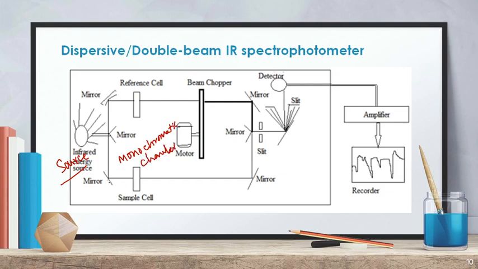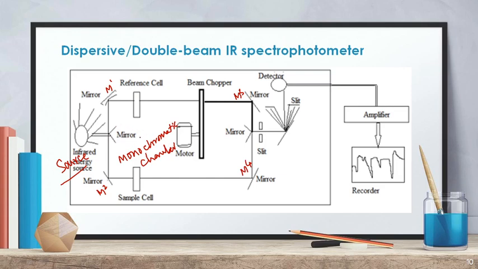In the monochromatic chamber we have different mirrors. So if this is mirror M1, this is mirror M2, this is M3, and this one is M4, and here also you have mirrors.